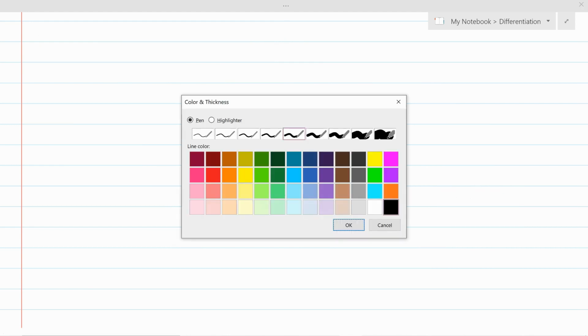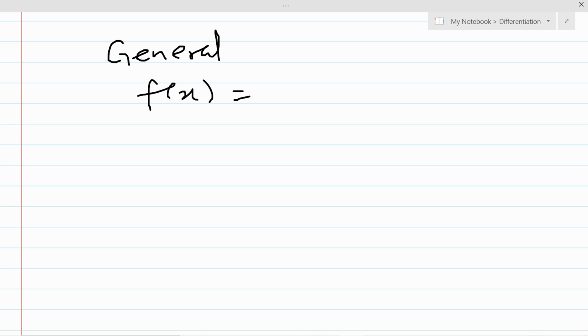Alright, so in general, if I have f of x equals some x to the power n, then my dy dx, or the differential of f of x with respect to x, is equal to n times x to the power n minus 1. This is very easy, right? So you don't need to be using limits, you don't need to be going through a lot of computations. Just do this and you are done.